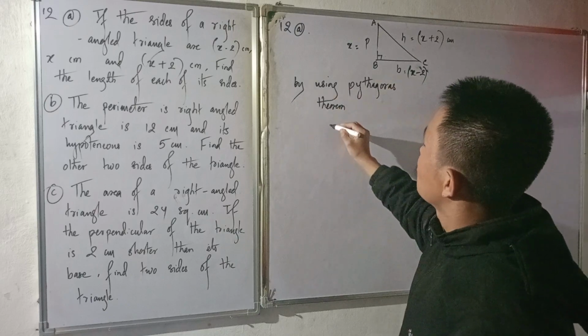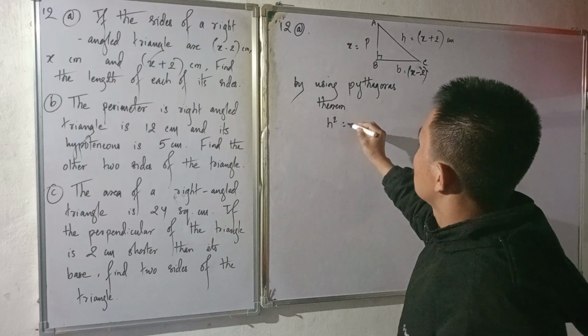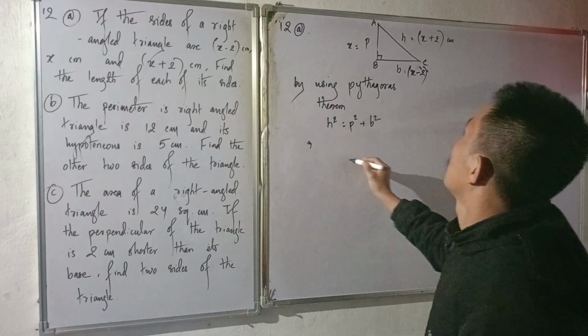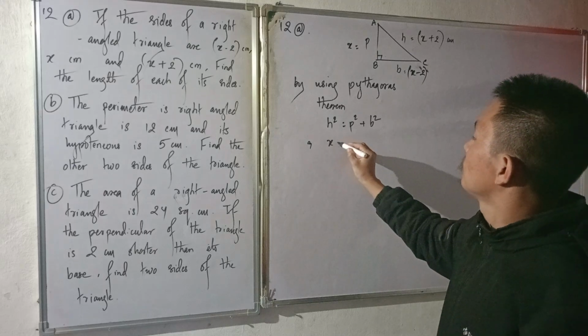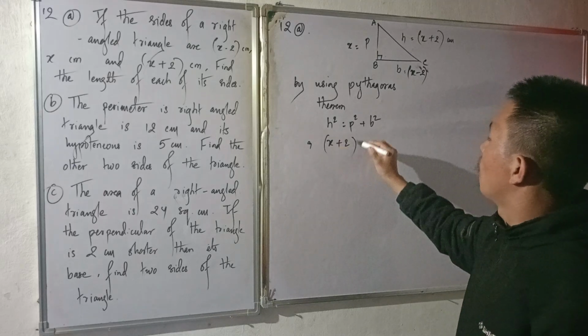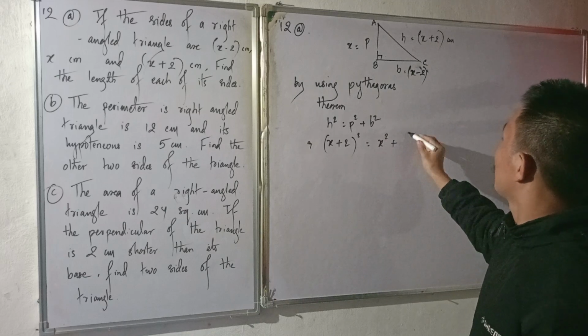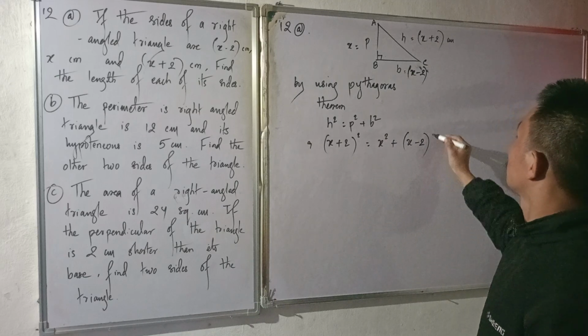By using Pythagoras theorem, h square equals p square plus b square. You just simplify this, as we have x plus 2 whole square, p we have x square, b we have x minus 2 whole square.